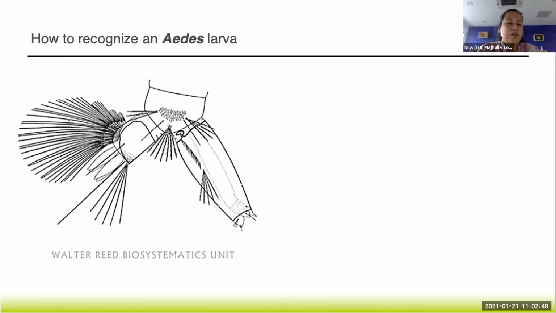So when you are presented with a larvae sample, to know that they are Aedes species, you have to look at 3 things. First, you look at the siphon. Is it present? If it's present, then there's a likelihood that this is an Aedes larvae. Then check if they have pecten teeth.